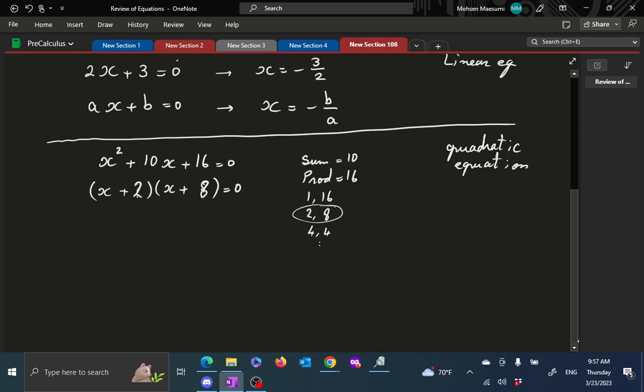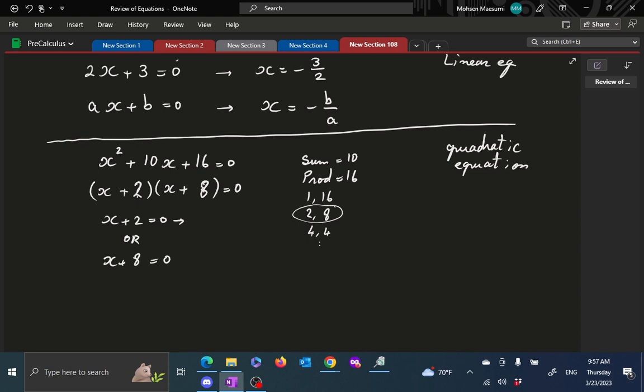Now we apply the zero factor theorem. If a product of several items is 0, at least one of them must be 0. So that means either the first expression is 0 or the second expression is 0.